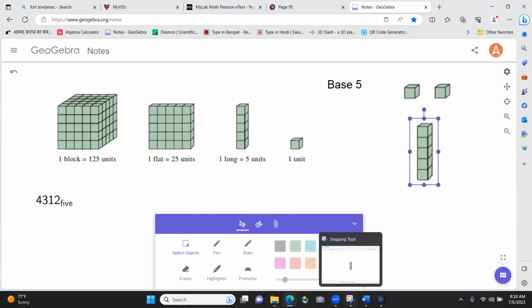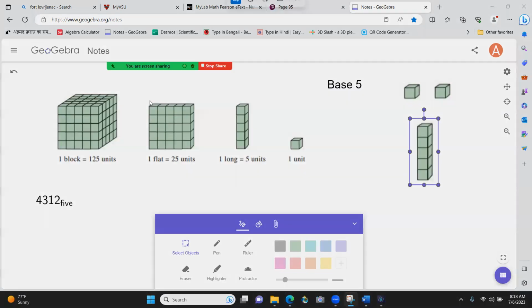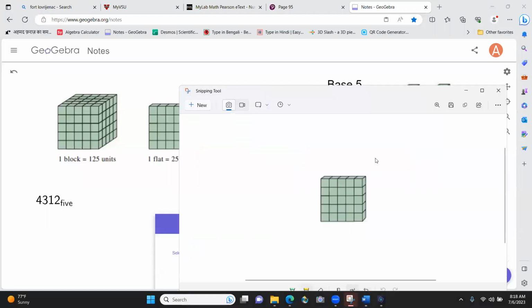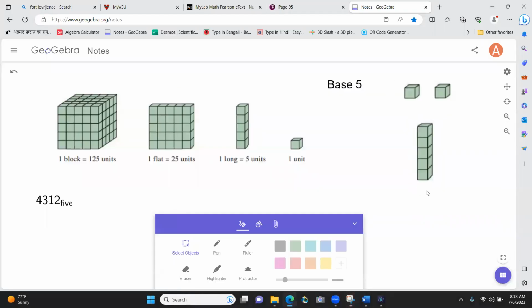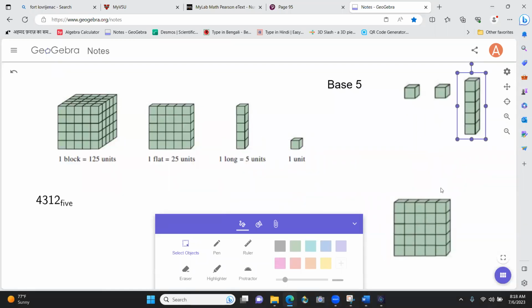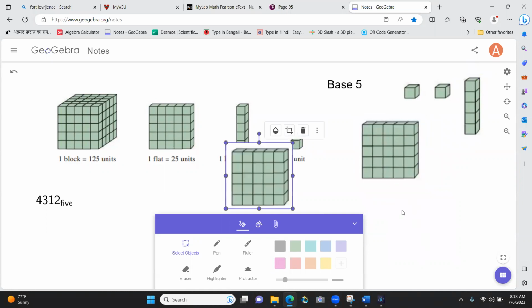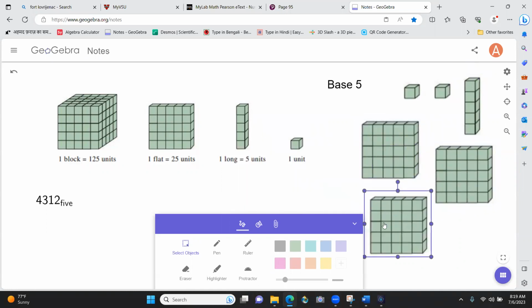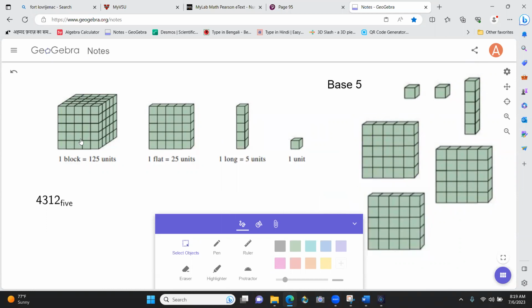Well, I have 3 slabs according to that symbol. All right. How many of the blocks do I have? 125 is a big block, and I have 4 of them.